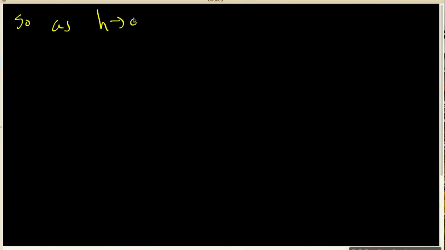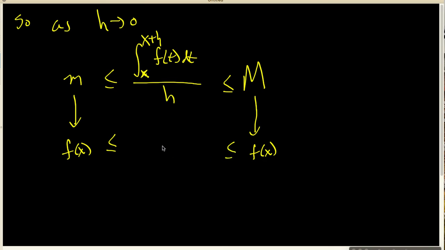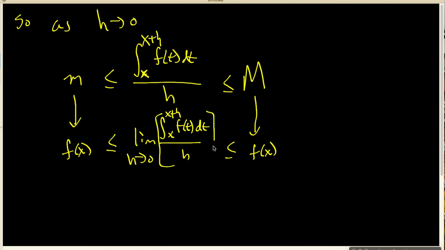As h goes to 0, the thing that we are trying to figure out what happens to is trapped between little m and capital M, but this guy goes to f of x, and this guy also goes to f of x, and that forces the limit of this mess here to be trapped between f of x and f of x, which of course are the same thing.